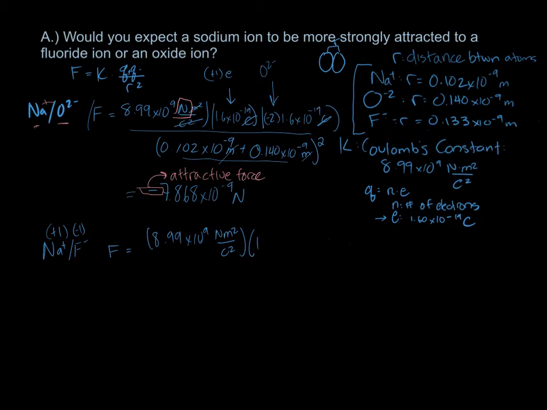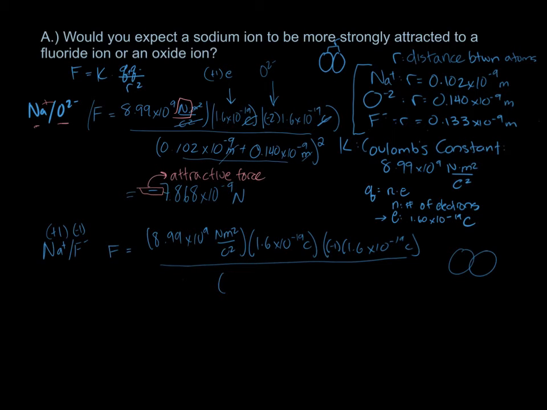We are going to go with 1.6 times 10 to the -19 coulombs times -1 times 1.6 times 10 to the -19th coulombs. And this one is going to be divided by the sum of their ionic radius, again assuming that they are side by side, like so.